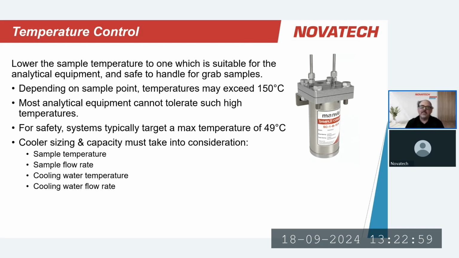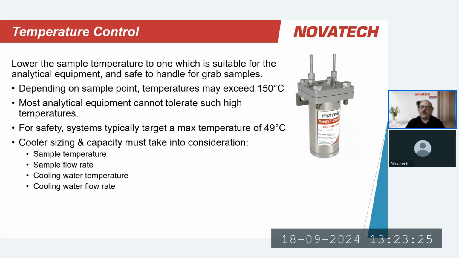We also have to think about safety. And the guidelines or the general rule of thumb is that we're targeting a temperature below 50 degrees C. It's relatively achievable to get down to those types of temperatures without using a tremendous amount of cooling water. And it's a temperature that is typically amenable to both the instruments that we're going to be using and is safe for operators.